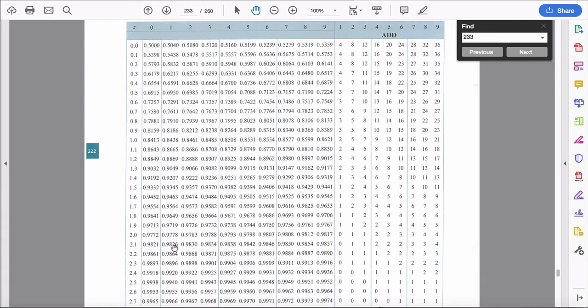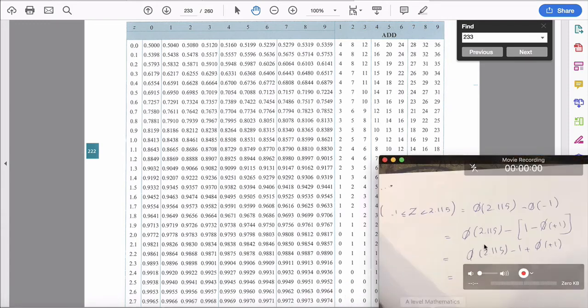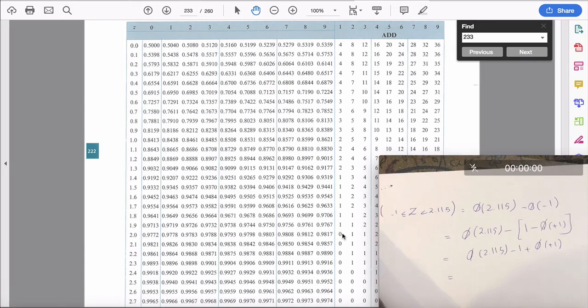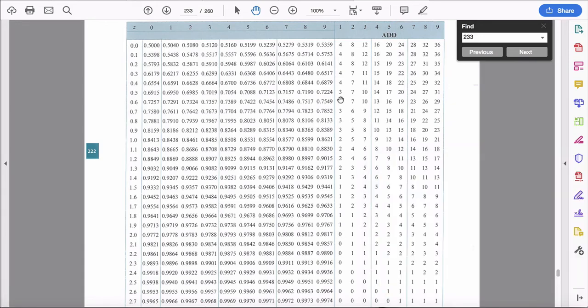But see here again, it is not 2.11, it is 2.115. So you have an additional digit here. Additional digits can be found here. So 2.11 is here. So what column gives you 5 in this row? I mean in the same row.